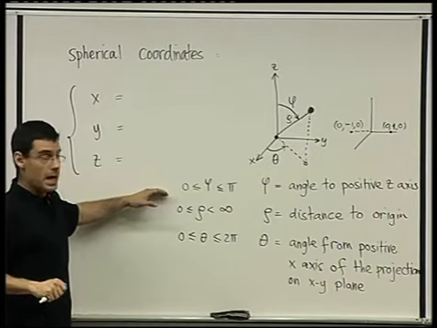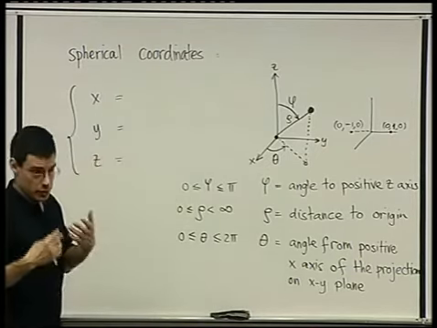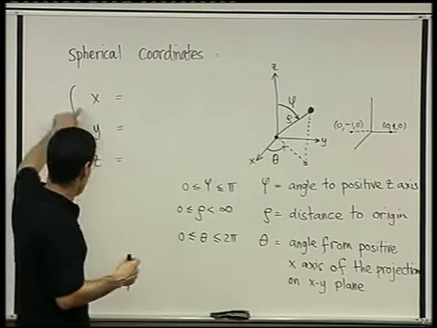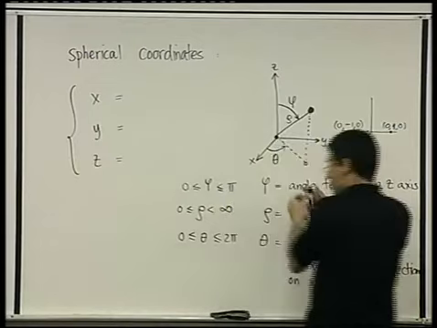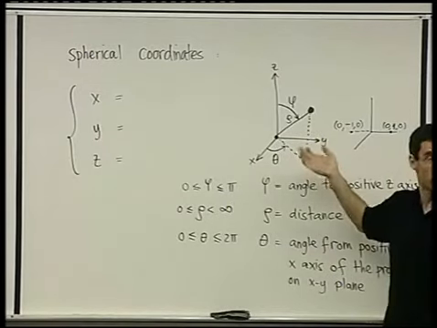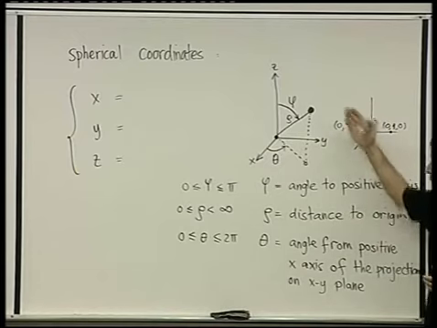Okay. Now, it takes a bit of geometry. I'm leaving it to you as an exercise to figure out. I still didn't write what the coordinates are. You need just a bit of trig ideas to figure out how x, y, and z relate to rho, theta, and phi.